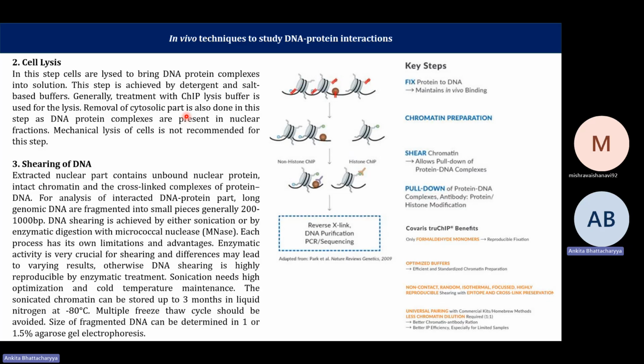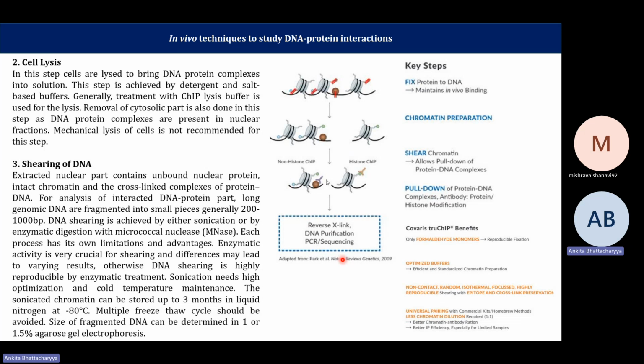Shearing of DNA, when we talk about that, so the extracted nuclear part, what do we mean by shearing of DNA? If you consider the entire chromatin present within the cell, it is immense and large, and it is impossible to properly pull down any region of the DNA in that case, because it might either simply settle by virtue of size, or it might not settle and no pull down can occur.